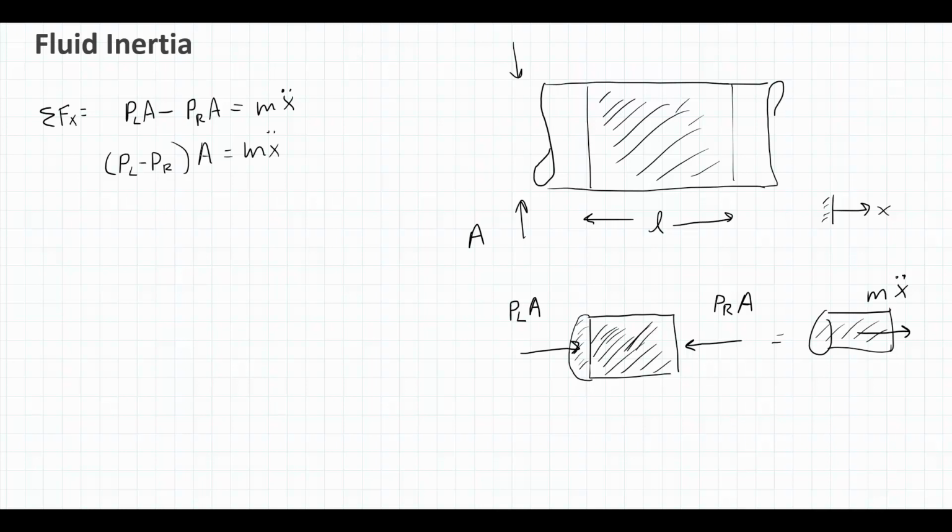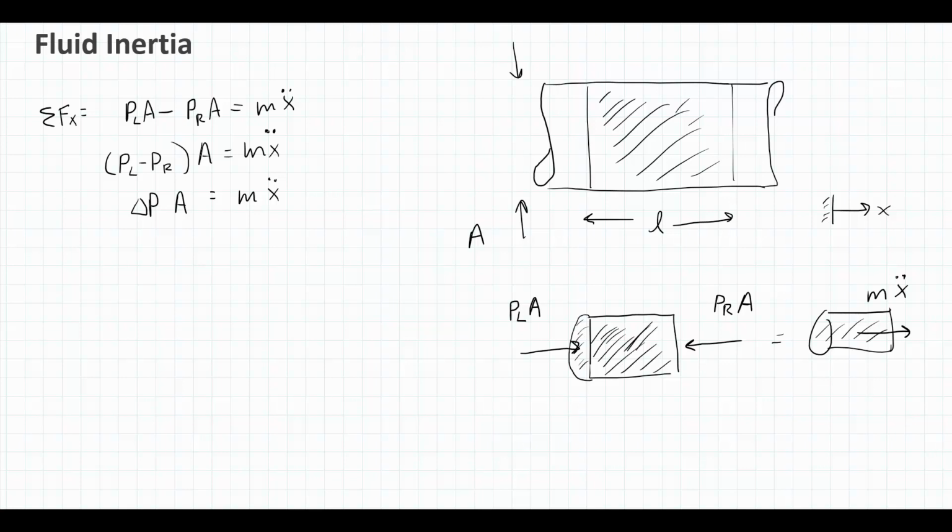And now I am going to say that there is a pressure difference, I'll call it delta P here, times A. So PL minus PR, I'm going to call delta P. Delta P could be positive or negative, as could the x double dot. So I'll just call it delta P is the left pressure minus the right pressure, equals mx double dot.